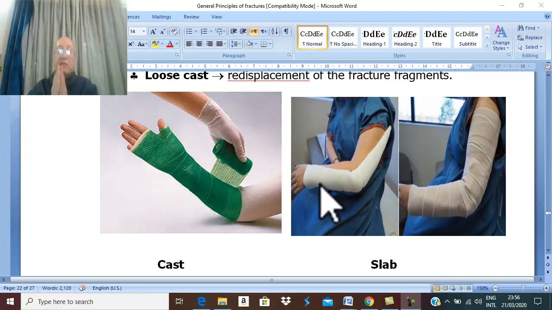Therefore, a slab doesn't surround the whole circumference of the limb. It may be applied to one aspect of the limb like this, which is called the posterior slab. And surely, the posterior slab is fixed by a piece of gauze which surrounds the limb.